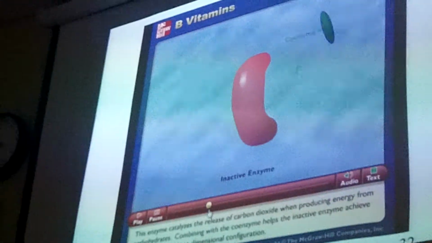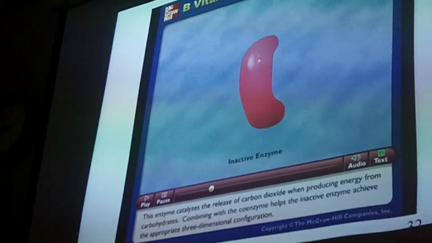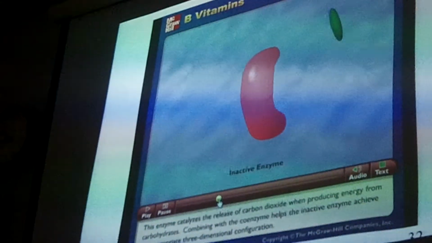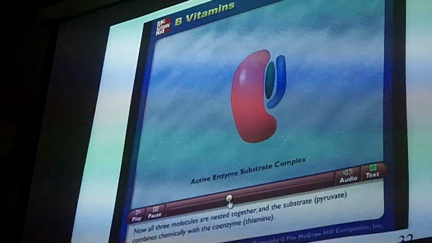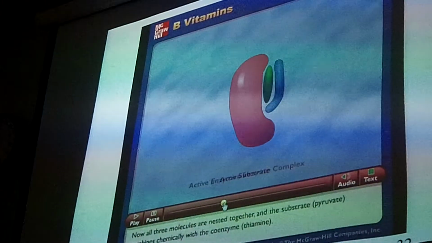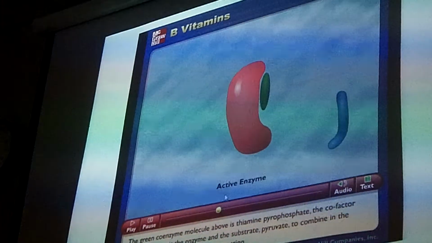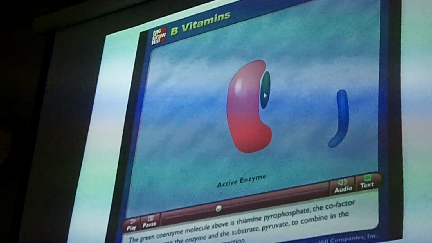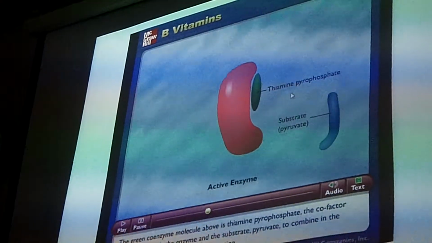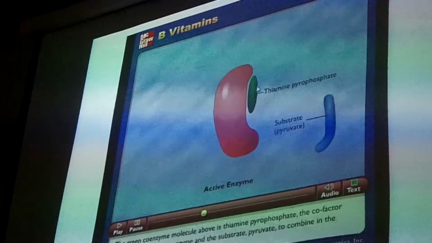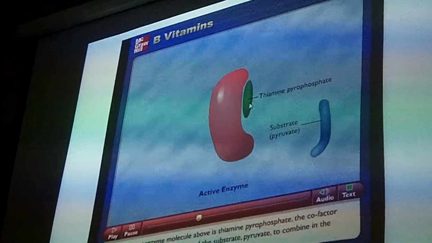Sometimes the vitamins you read about are also called coenzymes. Here's an enzyme, and here comes a vitamin, which is a coenzyme, and the two have to be together. The vitamin, in this case thiamine pyrophosphate, is a vitamin that you need in the diet.